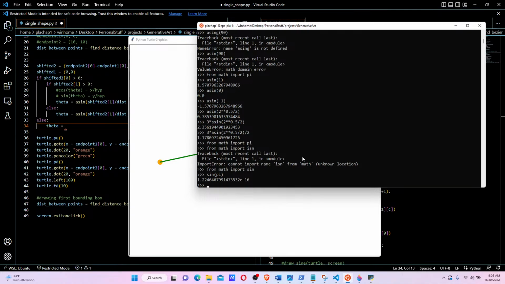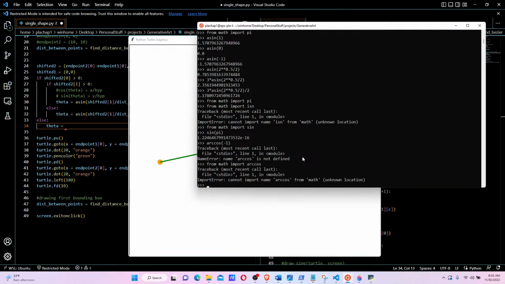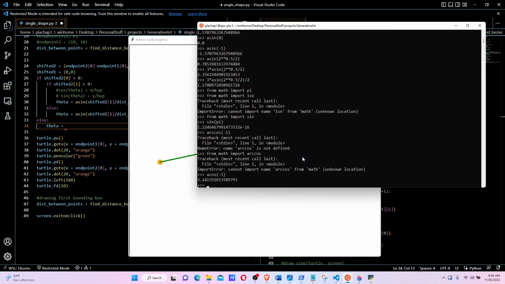So say the value is, I mean, what if you do arc cos of -1, from math import arc cos? What? Oh, not arc cos but acos. So acos of -1.